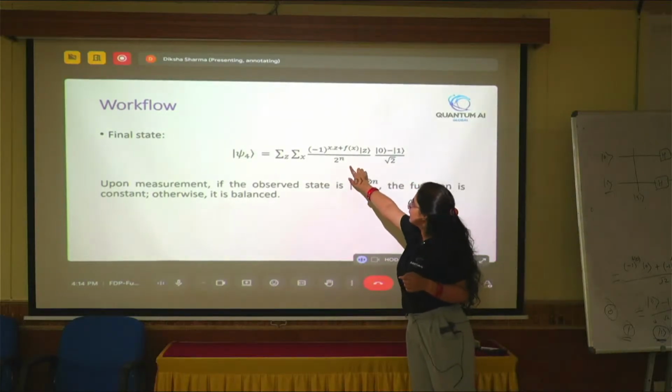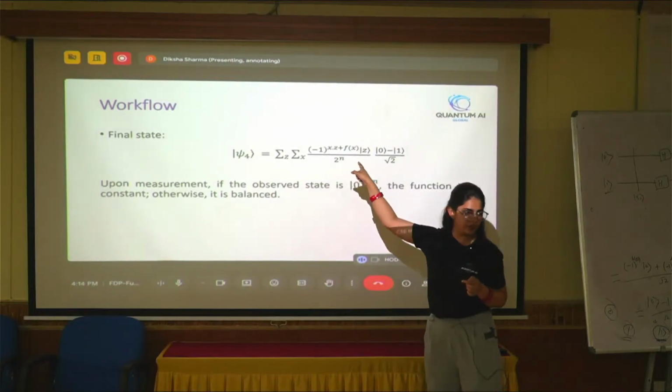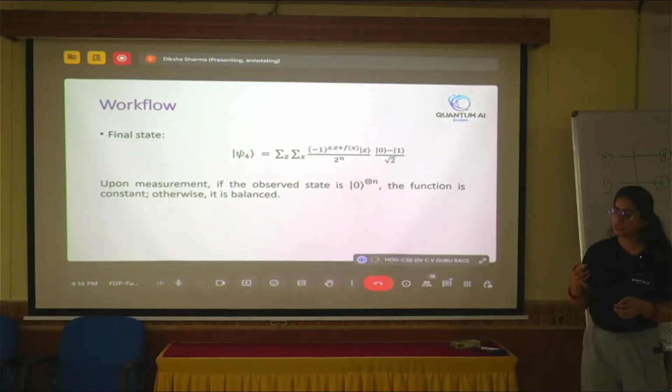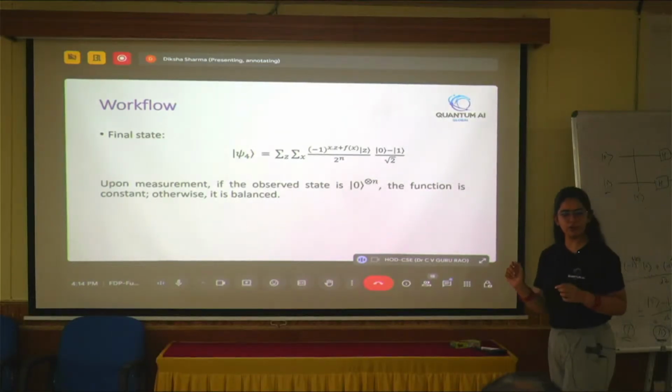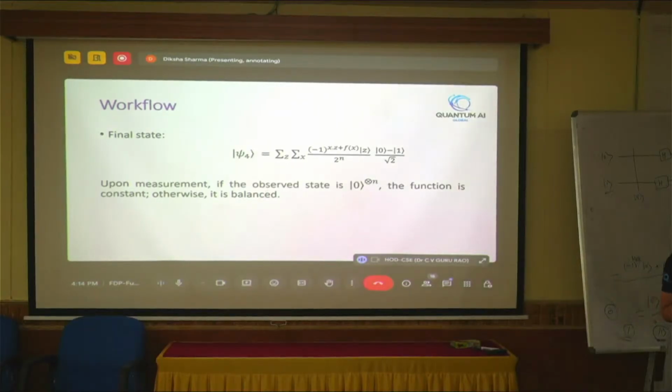Now, if we measure this particular equation, if we put in what the x value is, and what the function is, whether balanced or constant, and if we try to resolve this particular equation, we will see that if all the n inputs are measured in the 0 state, that means the function is constant.